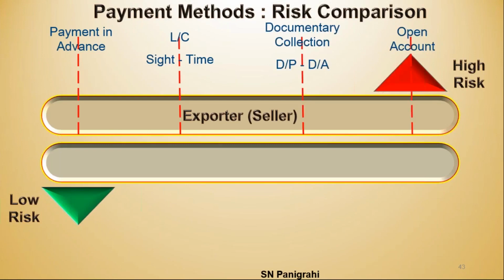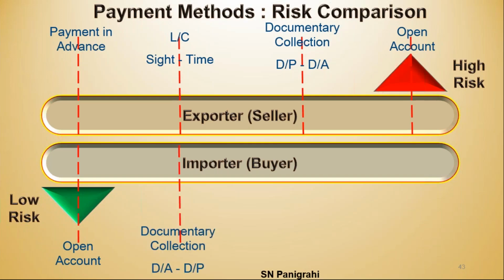So, the buyer and seller risks. Suppose advance payment, as I told you: for the seller it is low risk. The buyer who has made the payment in advance is at high risk, but the seller is at low risk.